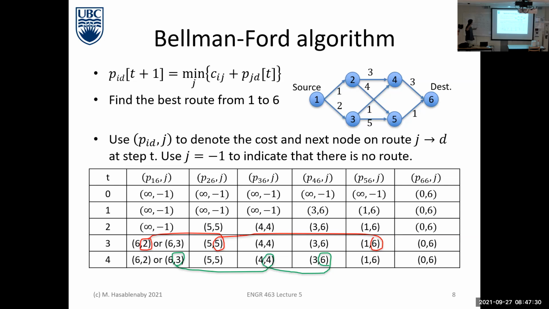Node 3 can reach the destination with cost 4 through node 4, and node 4 can reach the destination with cost 3. The next destination will be node 6, and node 5 can reach the destination with cost 1, and the next destination will be node 6. So now we have our routing table, the cost of each path, and what my next destination is to reach my final destination.